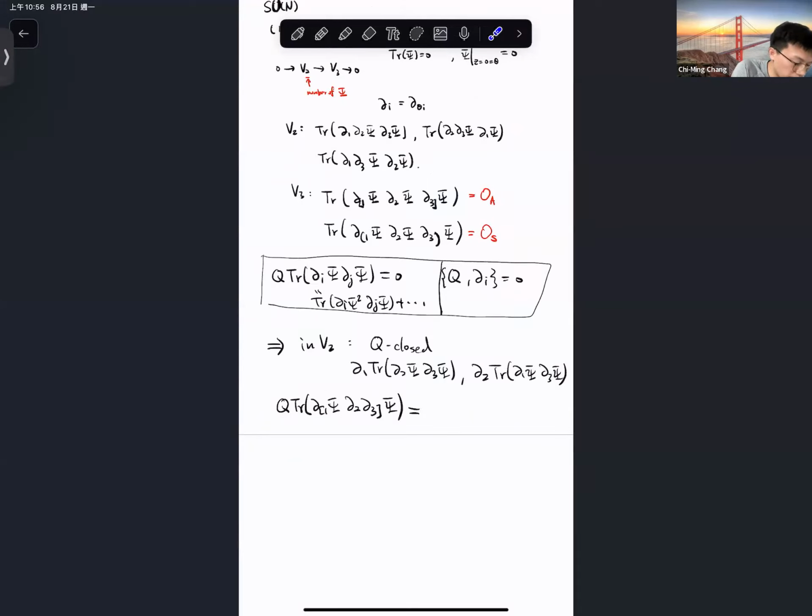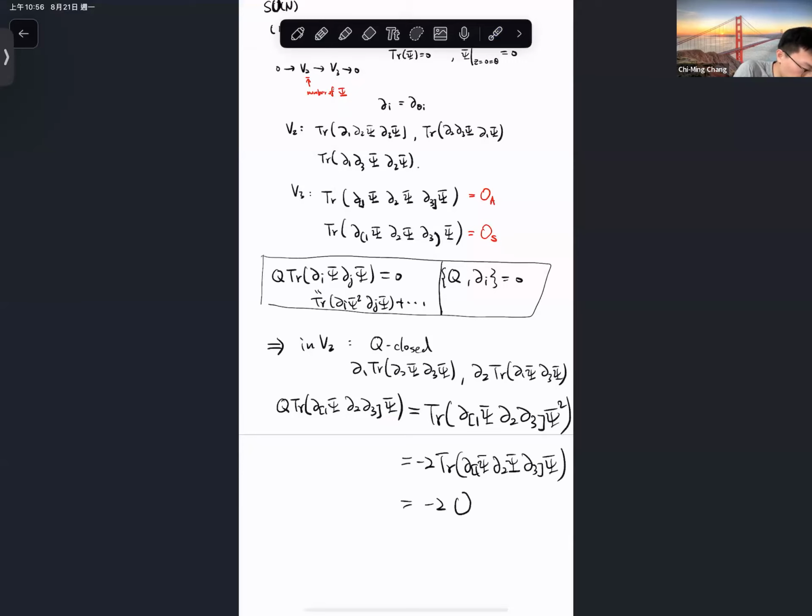So the Q must act on the second side. So we have trace partial 1 psi, partial 2, partial 3 psi squared. And then expand it, we get this partial 1 psi, partial 2 psi, partial 3 psi. And that's the -2 OA.